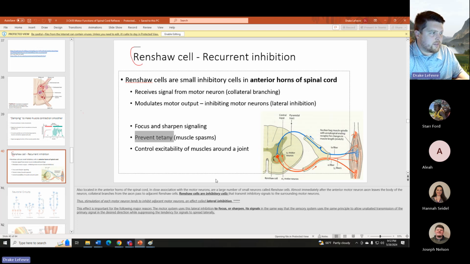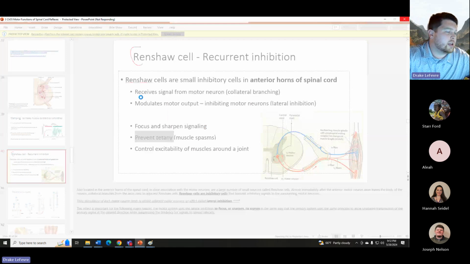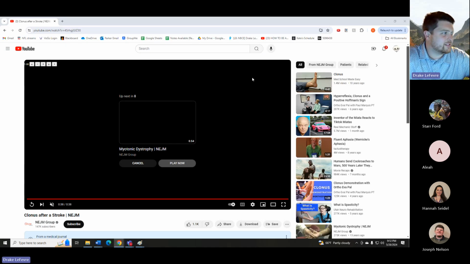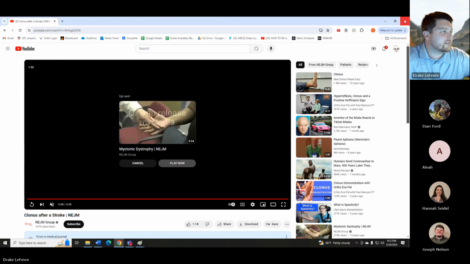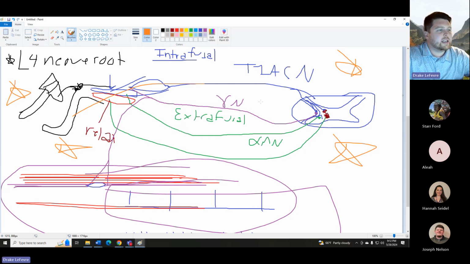So tetany, if you've heard of the condition tetanus, is an uncontrolled muscle contraction. It's a forced muscle contraction that's way bigger, way stronger than it's supposed to be. Okay.